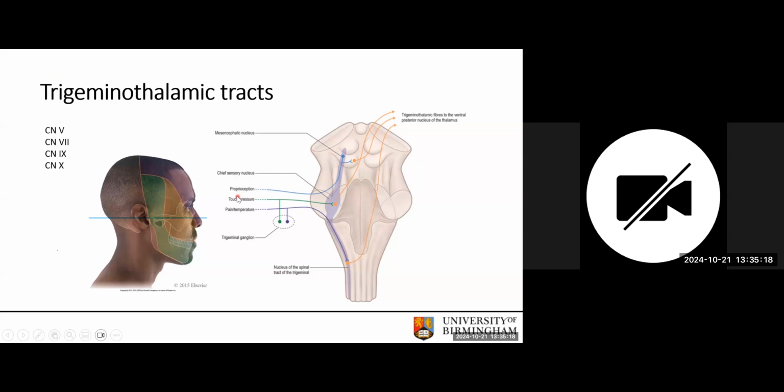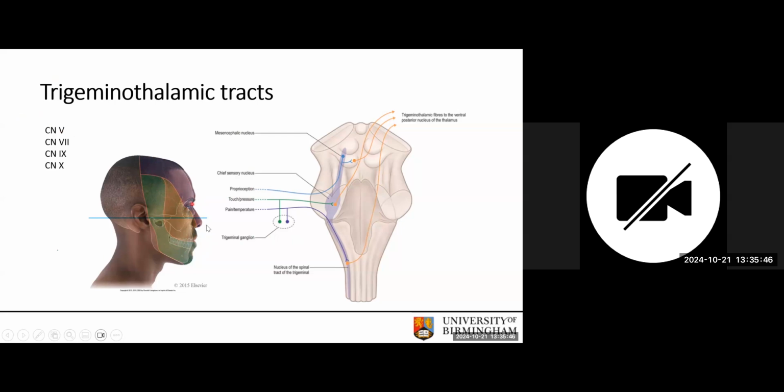So the trigeminal nerve is one of the cranial nerves, and it's called trigeminal because it has 3 main branches. One of them is for the eye region, the other one is for the maxillary region, and the other one is for the mandibular region.